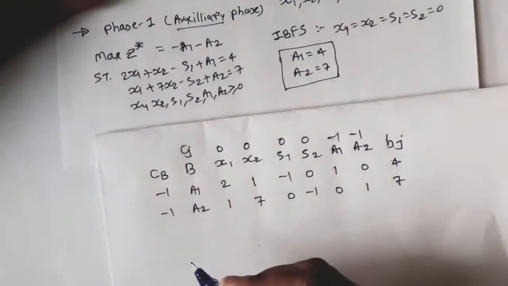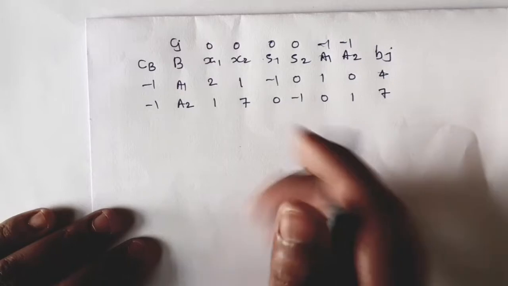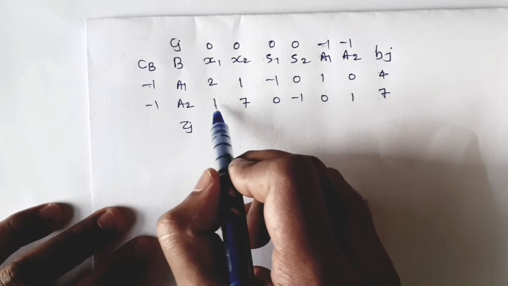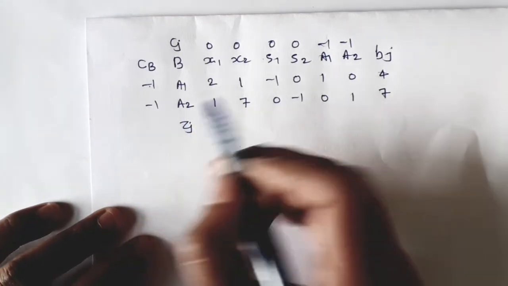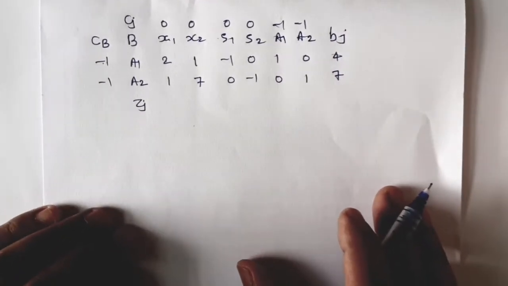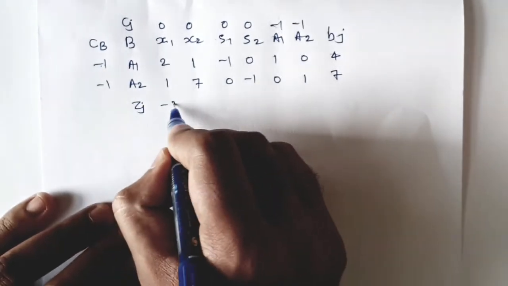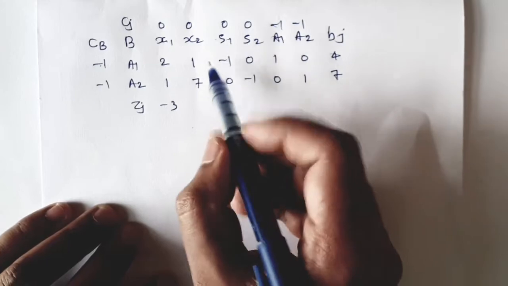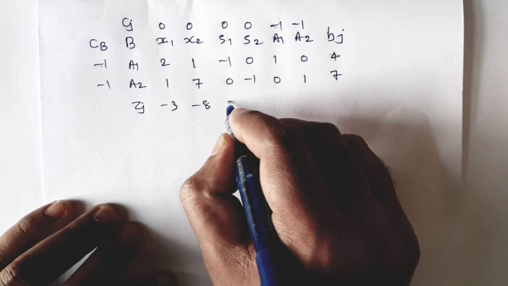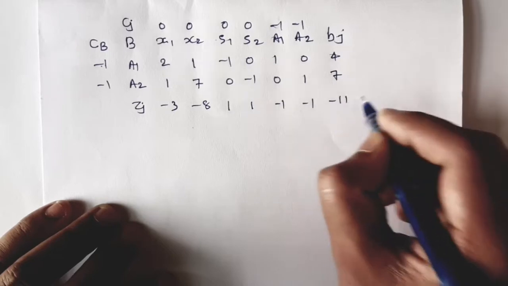Now, check the Cj minus Zj values for the whole problem. First calculate Zj as usual: 2 multiplied by minus 1 plus 1 multiplied by minus 1, and sum of both, so minus 2 minus 1 is minus 3; then 1 and 7, so minus 1 minus 7 is minus 8; then plus 1, 0, so it is plus 1, then minus 1, and here the value is minus 11.